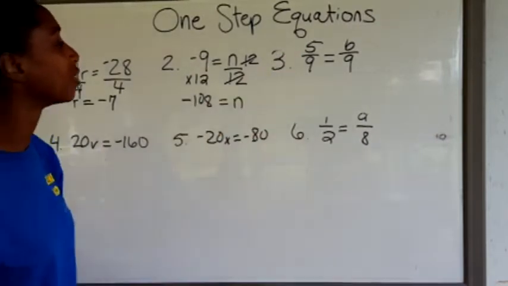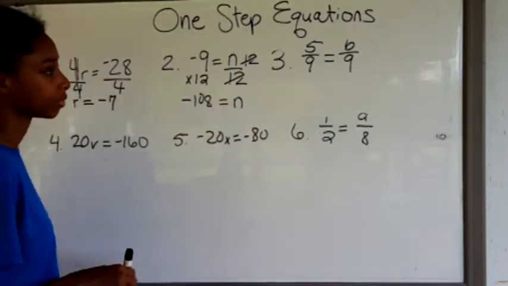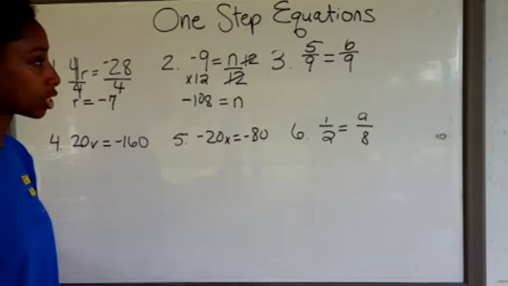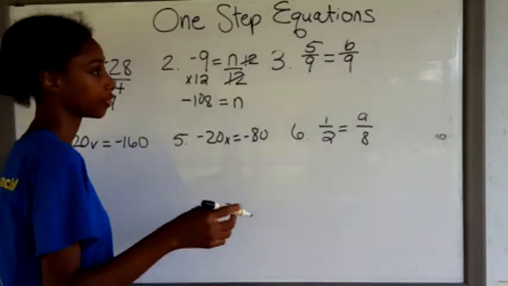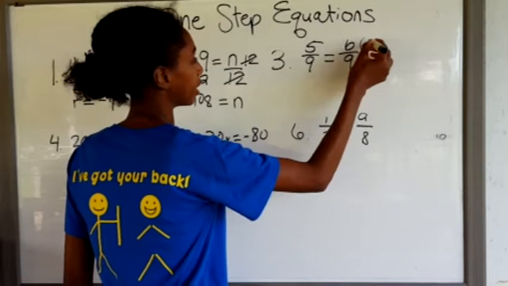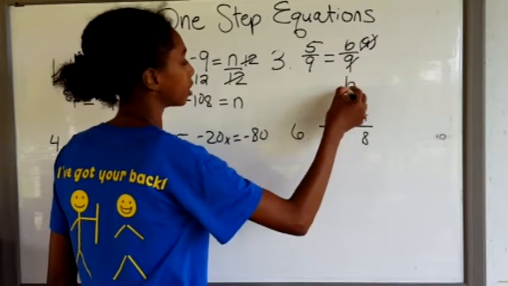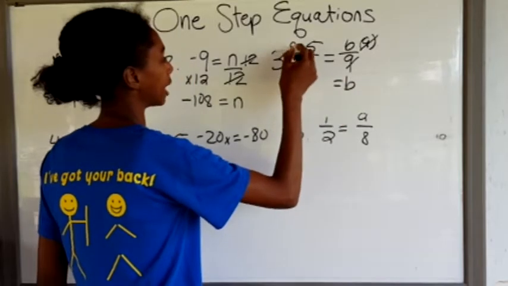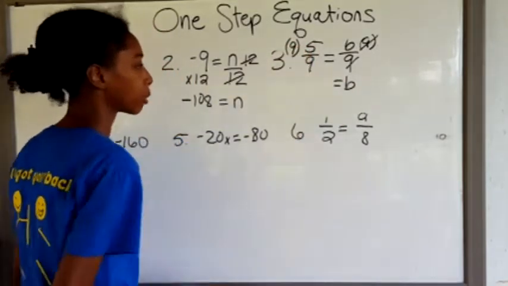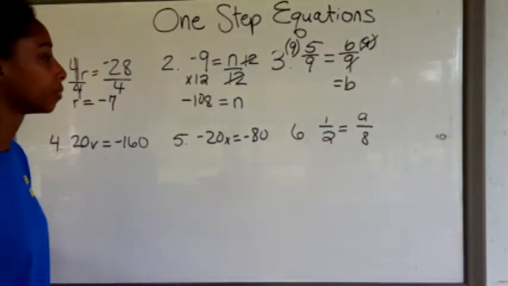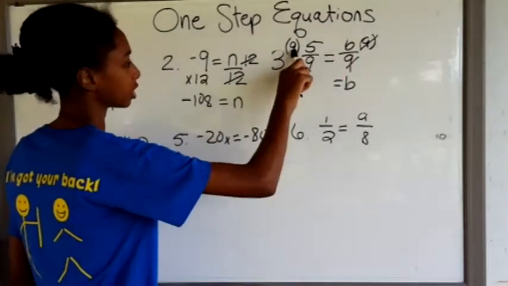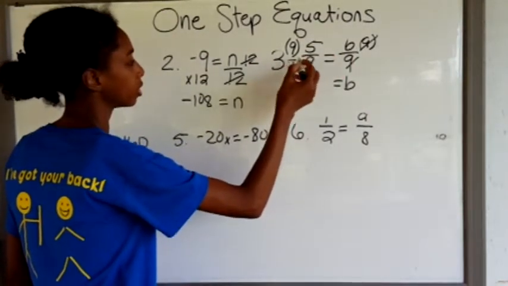Alright, so here we have 5 over 9 equals b over 9. And so again, we're going to multiply to get our variable by itself. So we multiply by 9 on this side. And these cancel out and leave us with b. And then we multiply by 9 on this side. And this goes back to our previous lessons of multiplication. So we know we just go across. This is the same as 9 over 1.